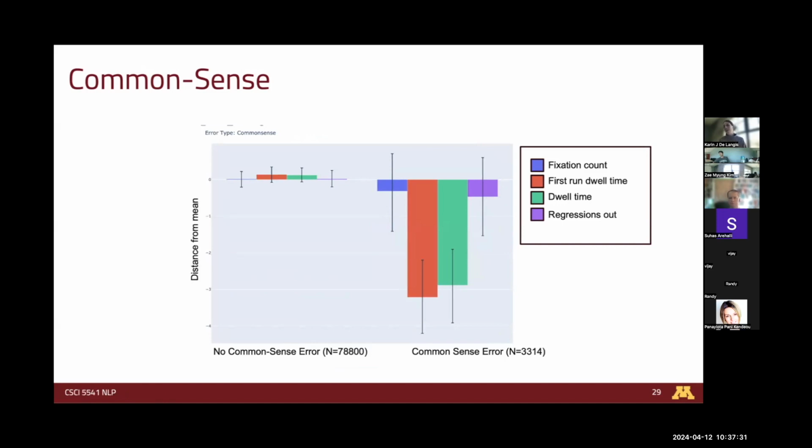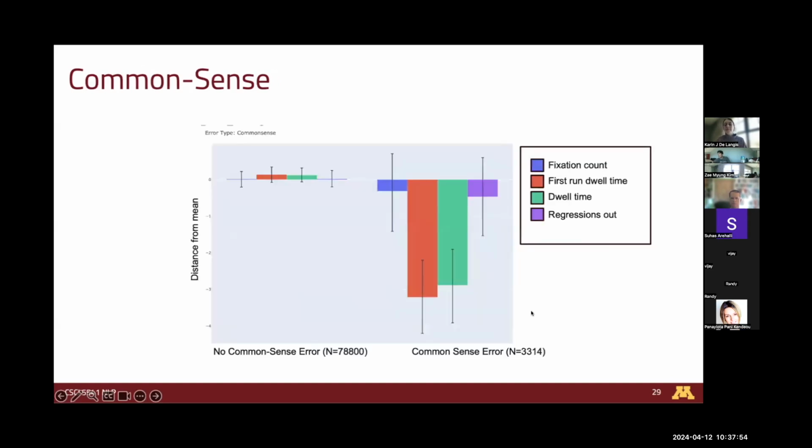We would have probably predicted longer dwell times for people to try to figure out what the heck is going on here. But again, this is a bit of a data scarcity problem. If we expand this out and are able to look at a wider part of the data, we might be able to make a stronger conclusion about this area. So this is still a bit of a question mark for me.